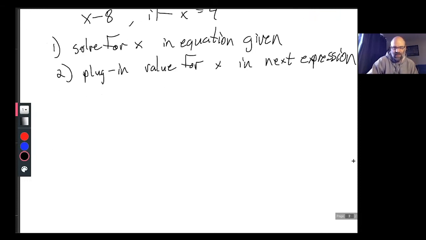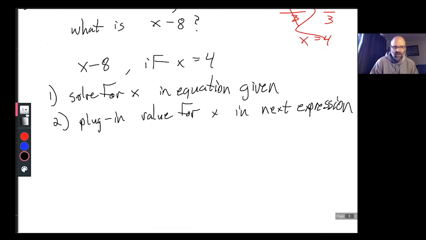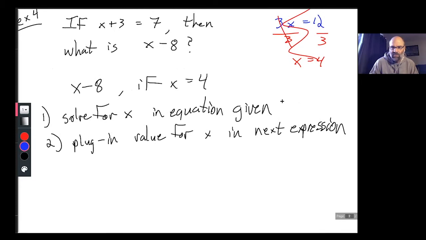So that's what we're going to do. Let's solve for x. It's a really easy equation. If it's x plus 3 equals 7, get rid of 3, x equals 4. All right, step 1 complete.